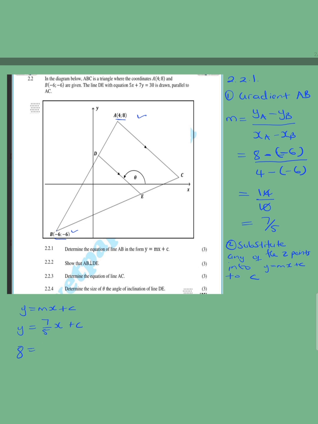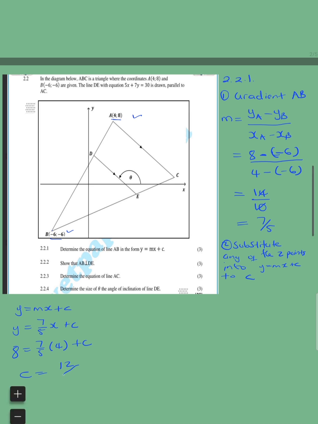It's 8 equals 7 over 5 times 4, x is 4, plus c. When we calculate that, I jumped some steps here. Forgive me, please. It's going to be 8 minus 28 over 5. I won't jump steps like this again. My apologies. That's going to be 12 over 5.